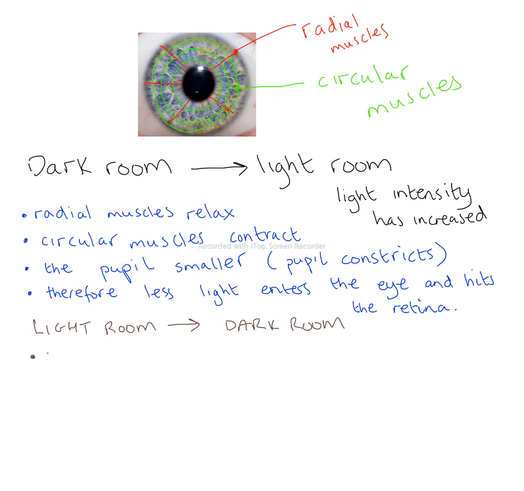So what happens is the circular muscles relax, the green ones, the radial muscles contract, and the pupil gets bigger.